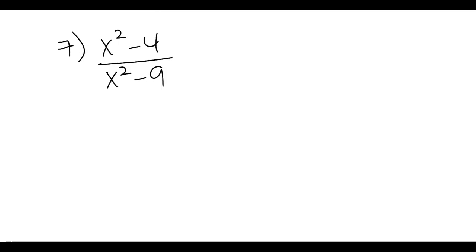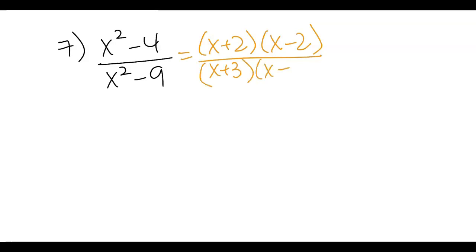Michelle, how could I simplify x squared minus 4? What could I use? Difference of squares. Okay, so in the numerator, I can make this x plus 2, x minus 2. Perfect. Michelle, what about the denominator? Okay, so this will turn into x plus 3, x minus 3, since you said it's difference of squares.